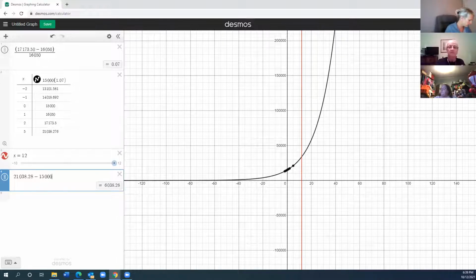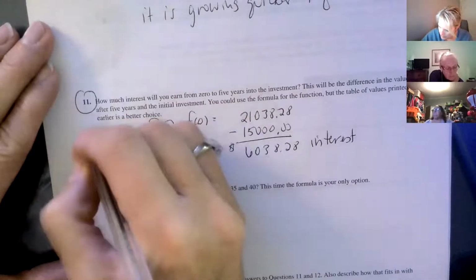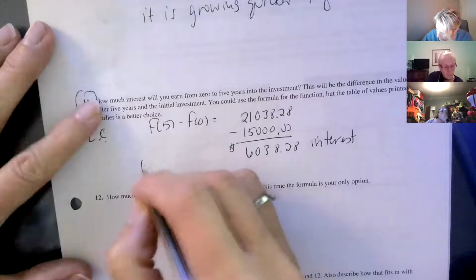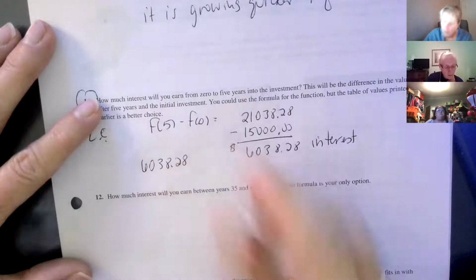And I think 11 is our lesson check. So let me make sure everybody sees my paper here for the lesson check on 11. I think if you just type 6038.28, you can put the dollar sign.